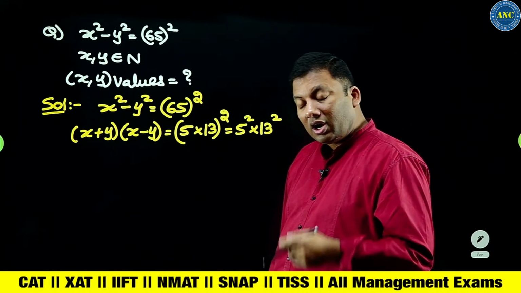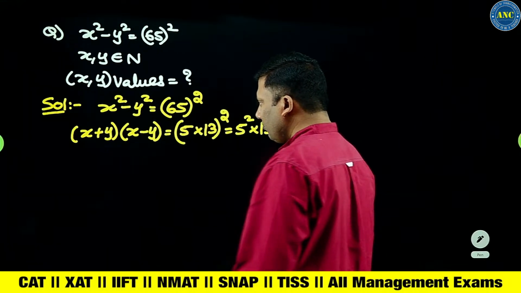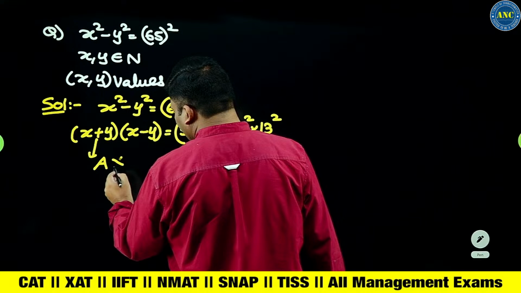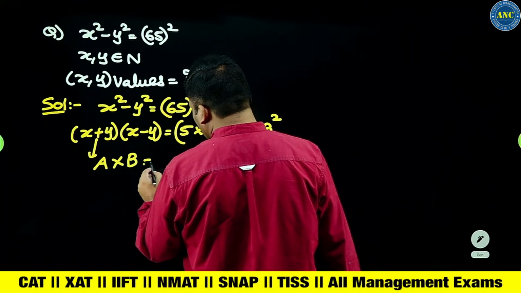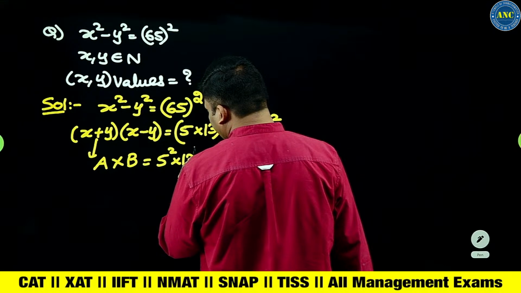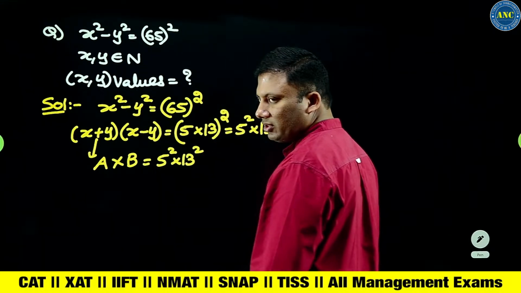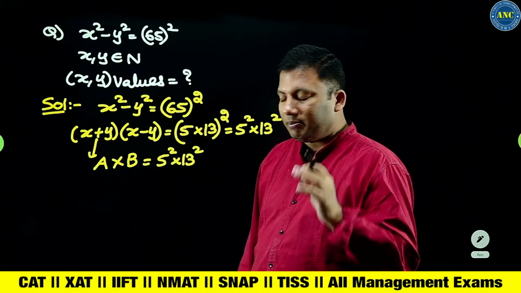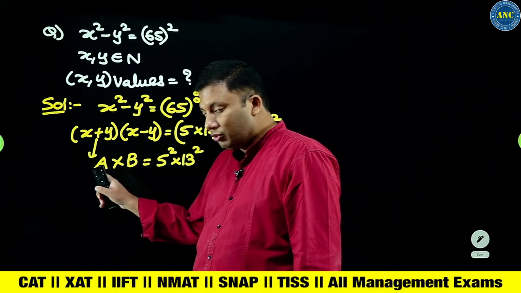Am I right? Already in the previous class we discussed, if I take x plus y as a, x minus y as b, a into b is 5 square into 13 square. In how many ways can you write a number as a product of two factors?